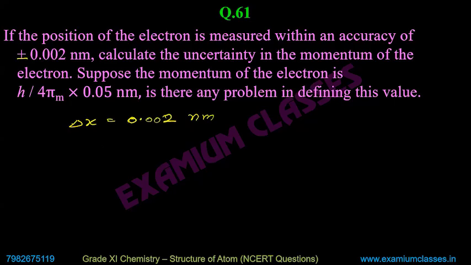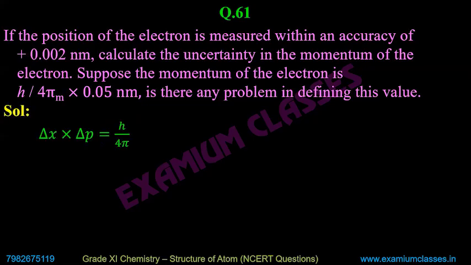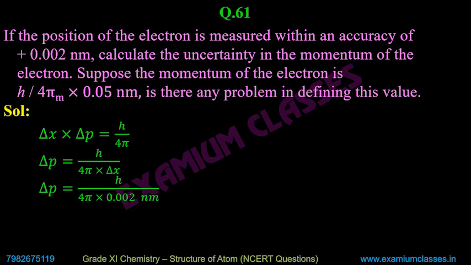From here you can apply the formula delta x into delta p equals h by 4 pi. So delta p will be h by 4 pi delta x, and you can substitute this value of delta x.